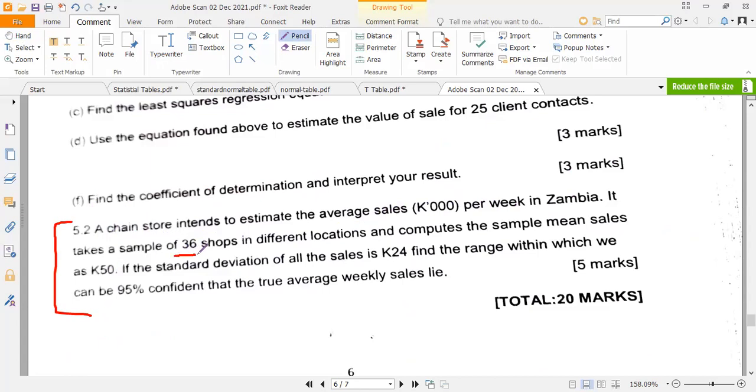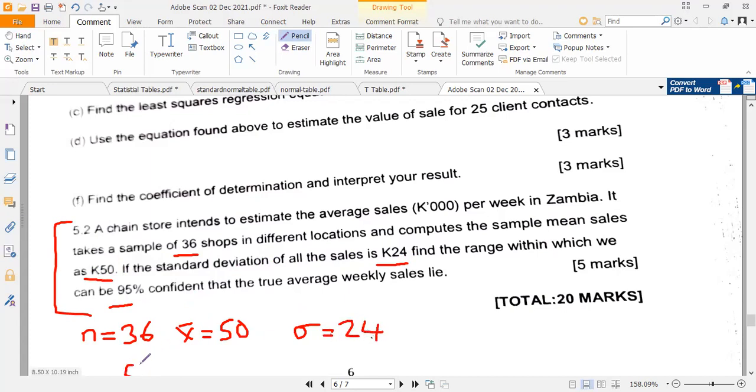A sample of 36 shops in different locations computes mean sales as 50 with standard deviation 24. Find a 95% confidence interval. What are we given? n is 36, x bar is 50, standard deviation is 24, and the confidence level is 95%.